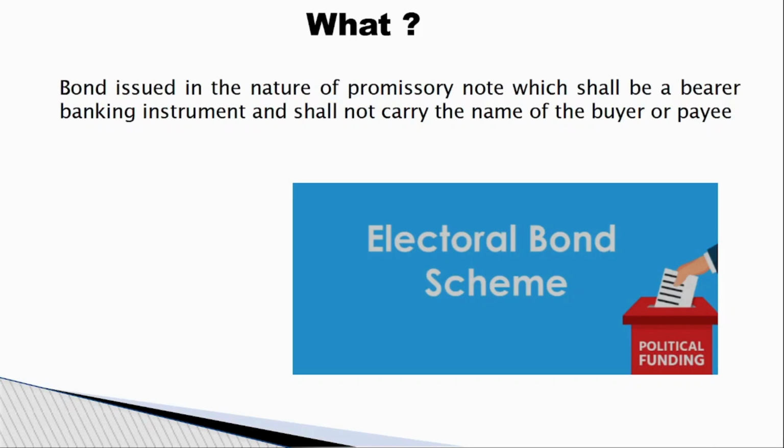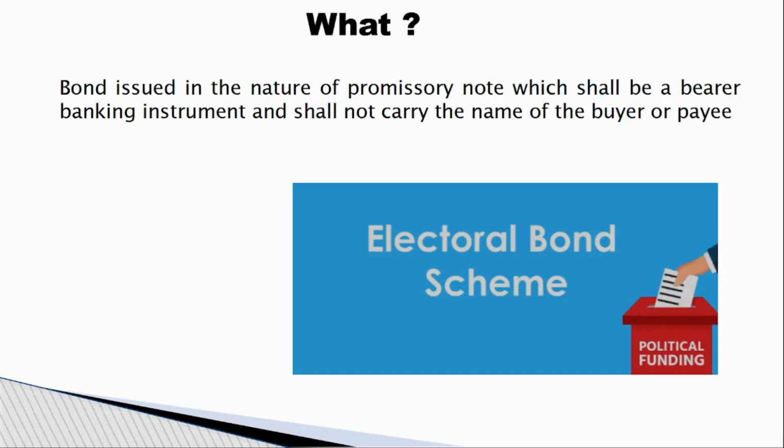Okay, so electoral bonds are basically for political funding. All these electoral bonds are like a promissory note. So it is like a bearer banking instrument. In this instrument, if you take a currency note, the payee name will not be available and who has purchased it will not be available.